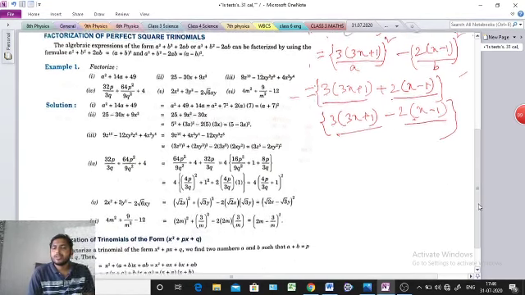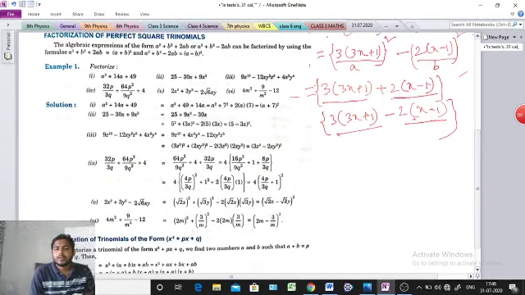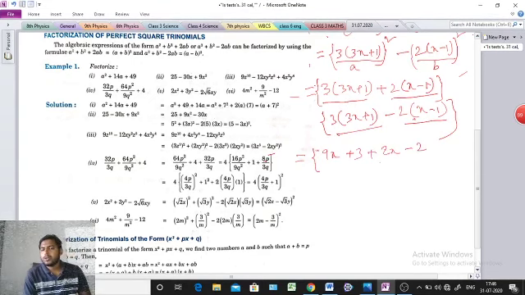Just a little calculation now. Remove the brackets of the first bracket. 3 into 3x means 9x, 9x plus 3, plus 2 into x, 2x, minus 2 into 1, 2. This is what we get in the first bracket.